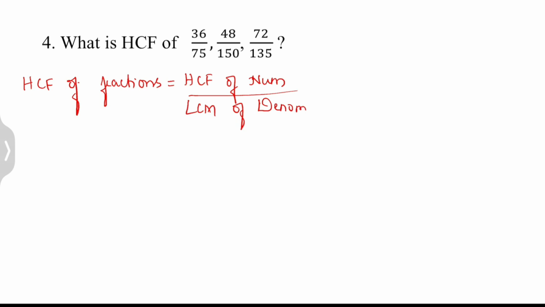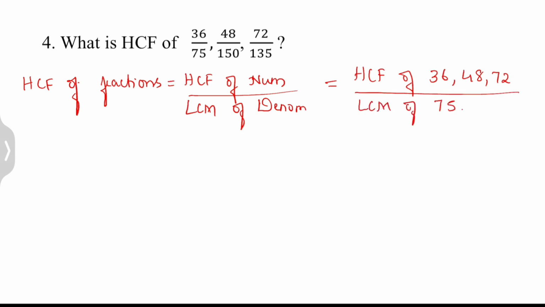So the numerators are 36, 48, 72. And the denominators: LCM of 75, 150 and 135.